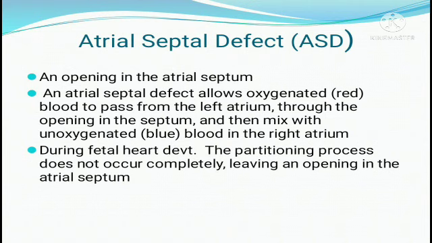It is causing trouble to the pulmonary tree and the right side of the heart. So during the fetal development, if the partition is not happening fully, then this opening will remain. That is how ASD is developing.